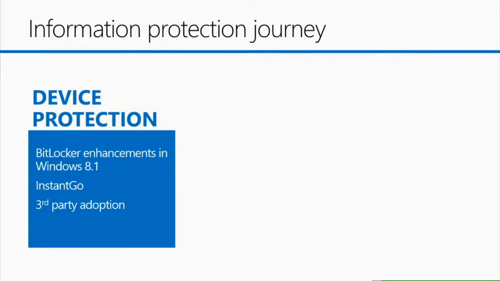Some of these improvements include the fact that we now support automatic device encryption on InstantGo devices. So any of you using a Surface Pro 3, the moment you unboxed it and signed in with a Microsoft account, the device was actually protected using BitLocker and your recovery keys were uploaded to OneDrive. The beauty of this is that for an end user, the protection is so automatic and so seamless, they don't need to worry about it.